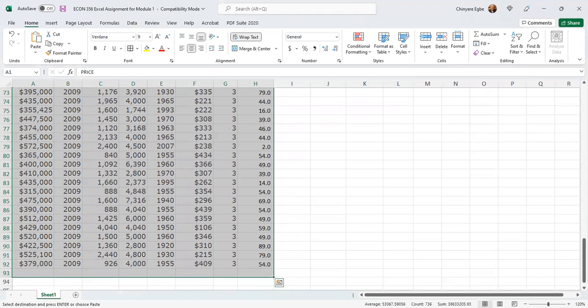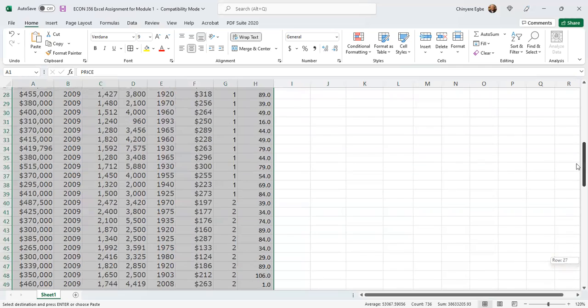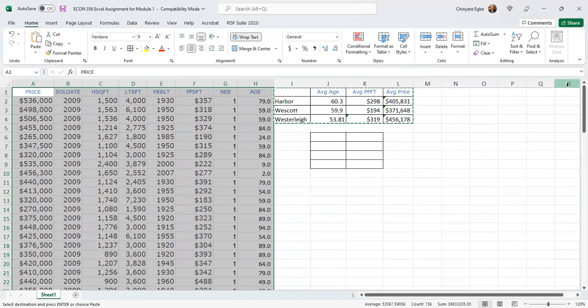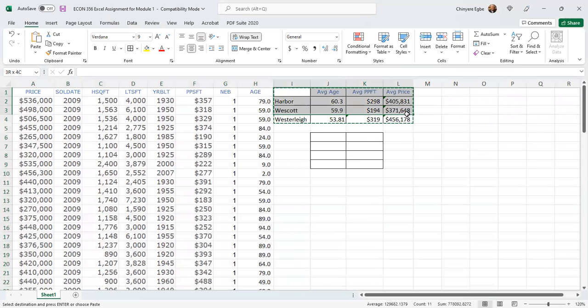This is why we define statistics to be the collection and analysis of unorganized mass data. Okay, this is a whole lot of data. What if you had a whole sea of data like 10,000 data points, observations, or 10,000 houses? How could you make any statement just by looking at that sea of numbers? No, you cannot do that. So you have to summarize collection and analysis of. And what does analysis involve?